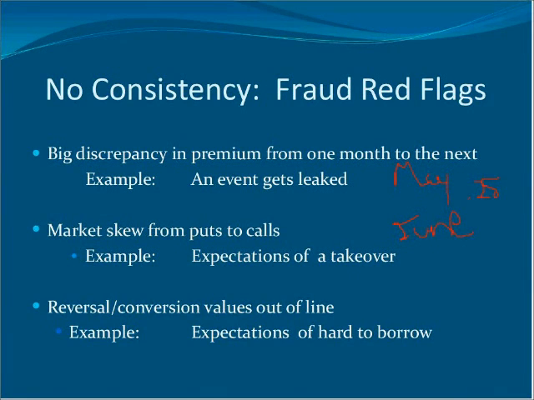And what can happen here is that, let's say in this example, we have a stock that's $25. And I said to you, what are the 30 calls worth and what are the 35 calls worth? Well, generally what happens in the market is that the market prices puts more than calls.